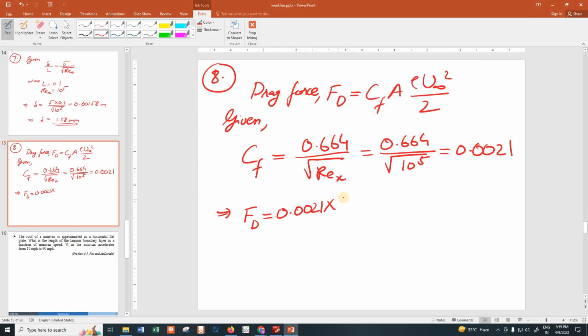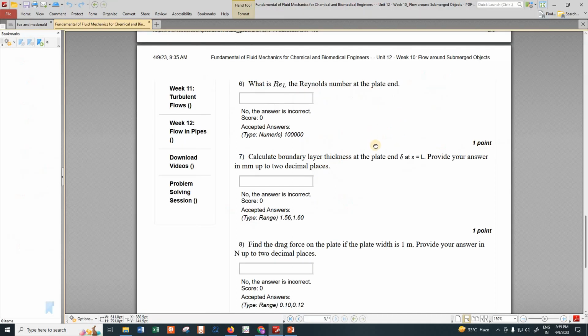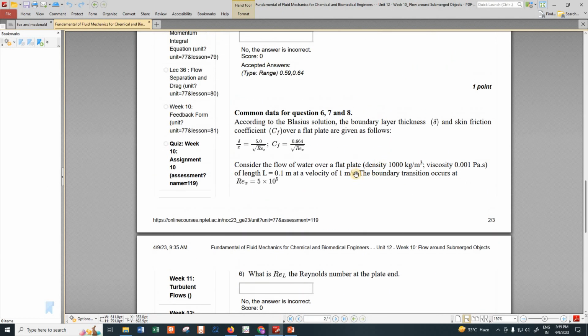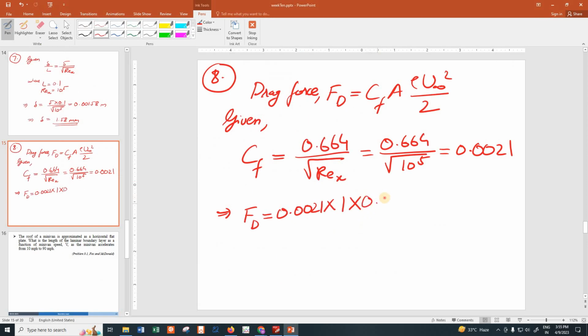Our given plate width is 1, and the length of the plate is 0.1 meter, so that gives the area. Density is 1000, u infinity 1 square divided by 2.